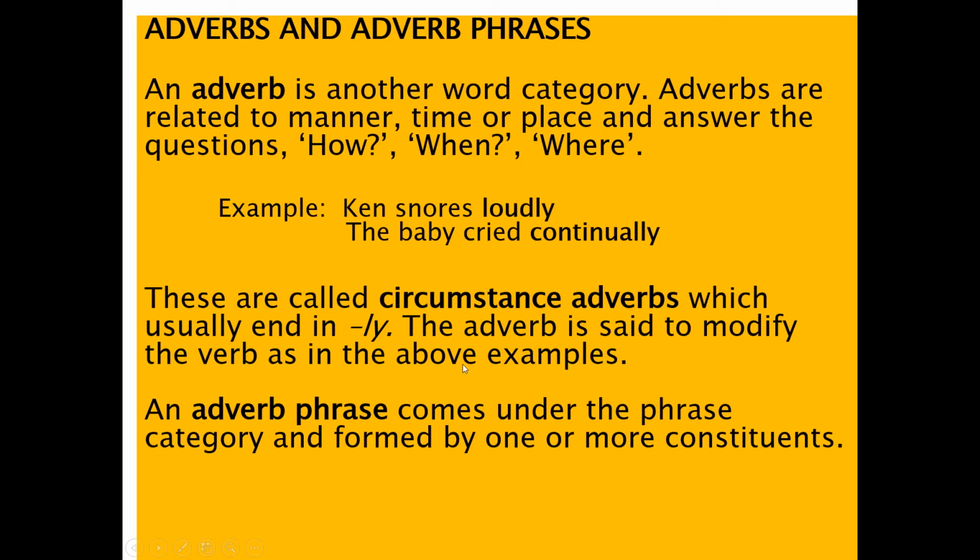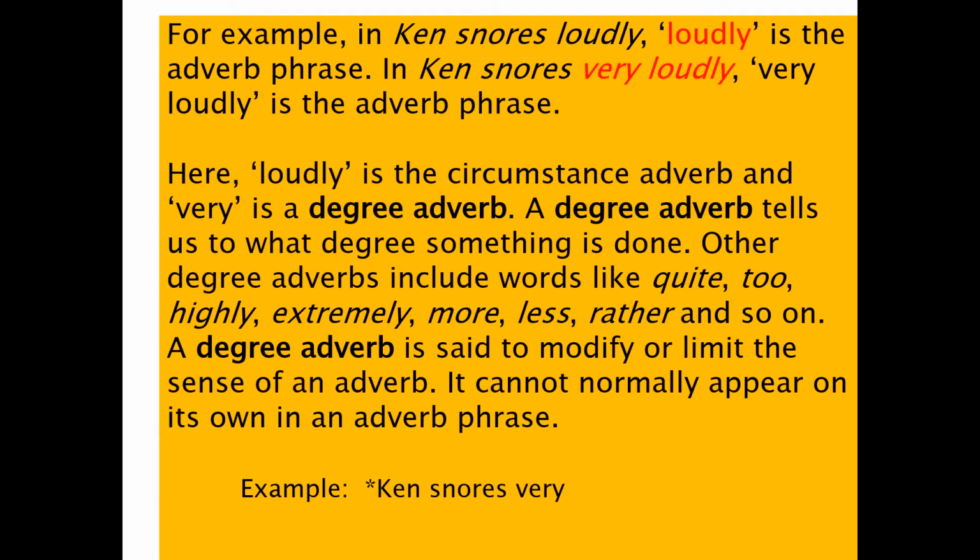The adverb is said to modify the verb as in the above examples. An adverb phrase comes under the phrase category and is formed by one or more constituents. For example, Ken snores loudly. Loudly is the adverb phrase. Or you can say very loudly, as you see.